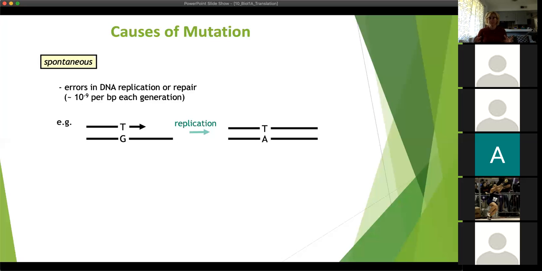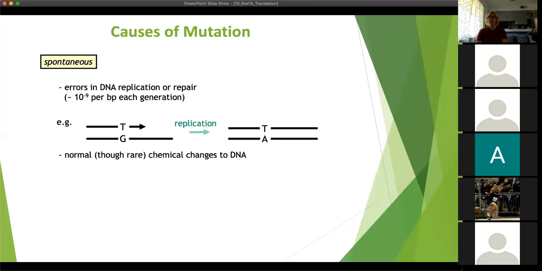But if you start to get mutations inside of protein coding regions or inside of a promoter necessary to begin transcription, we can start to have issues. And so that's why things like cancer, which are caused eventually by mutations, are far more common in elderly patients rather than young patients. I said far more common, but of course we all know it is possible for young people to get cancer too.